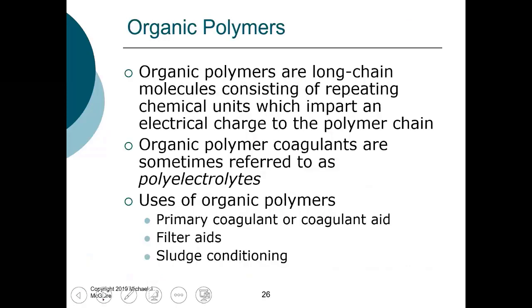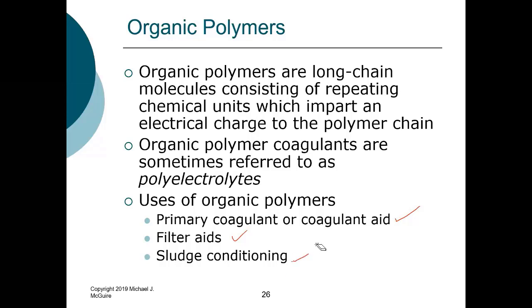These organic polymers include the dodecyl ammonium that I mentioned before. So you've got a long chain carbon molecule and then a charged end. And as I've mentioned, if they're going to be used, they'll be used as coagulant aids. They also may be used as filter aids, basically to try and improve the filtration, achieving a more clarified solution, so you can actually get coagulation occurring in the filter.